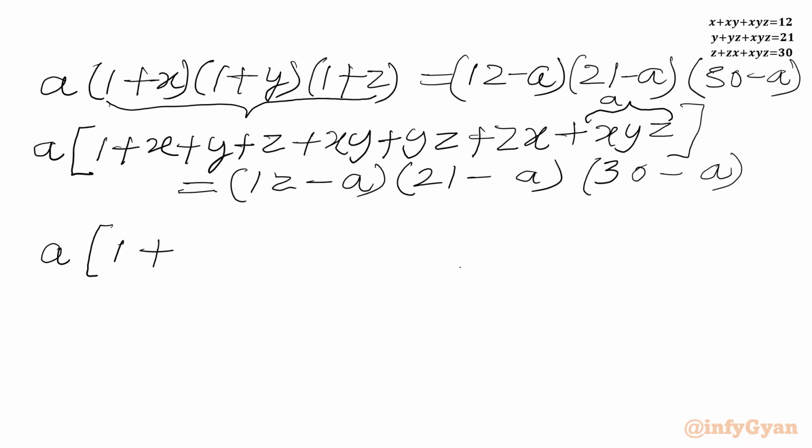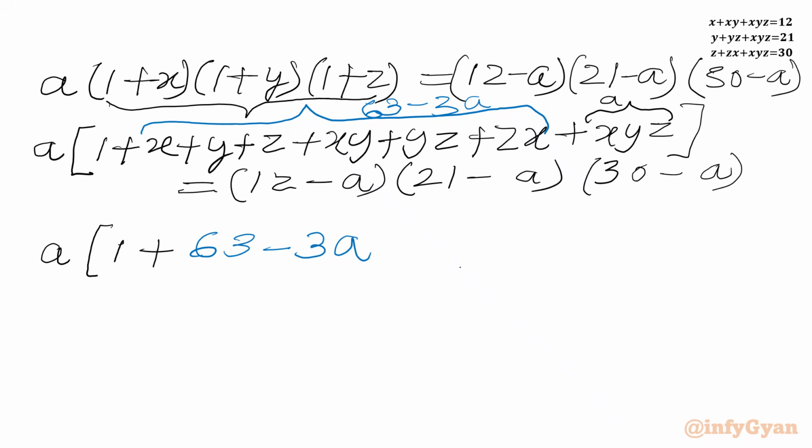Now we have the direct value of x plus y plus z plus xy plus zx plus yz. This is 63 minus 3a. So I will write here 63 minus 3a. Then we have a.